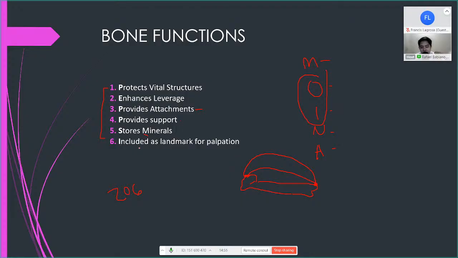For example, they have a painful shoulder or painful elbow. The bone in your arm is called the humerus, right here. You can use the different landmarks of the humerus, for example, the head of the humerus, the condyles, the lateral condyle, the medial condyle.